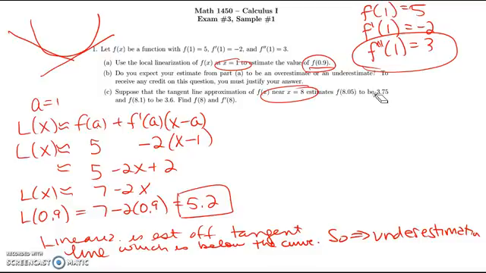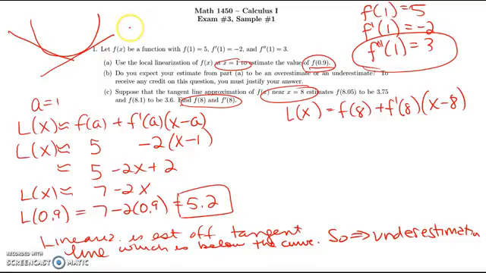If we're doing it near 8, it's going to be f of 8 plus f prime of 8 times x minus 8. Now there's two unknowns. Two unknowns means we need two equations, a system of equations that we can solve.